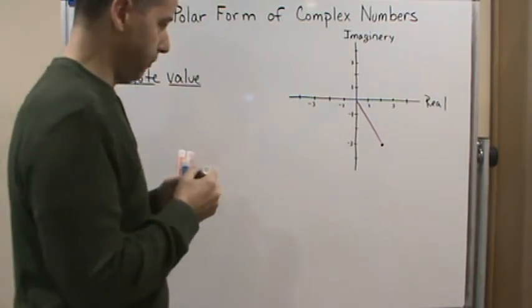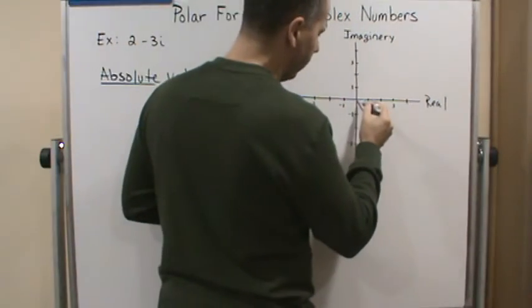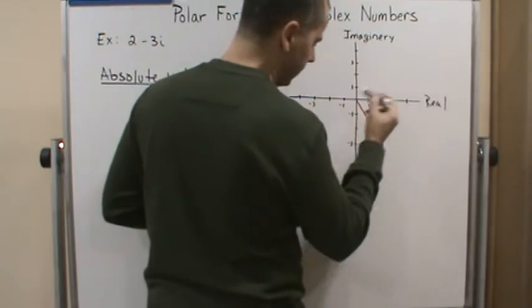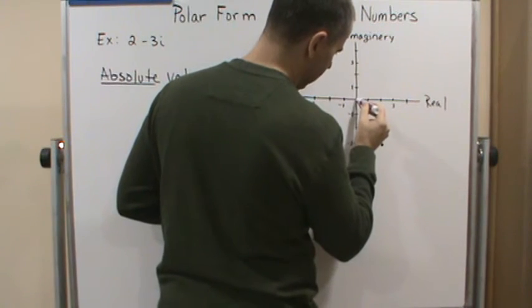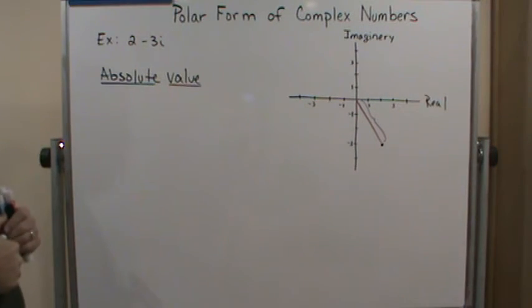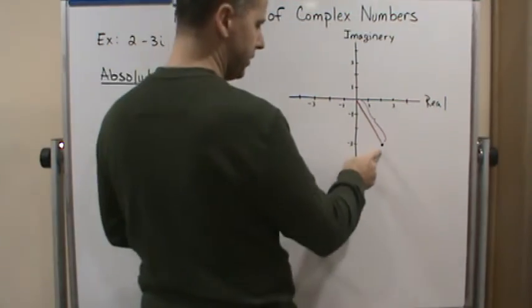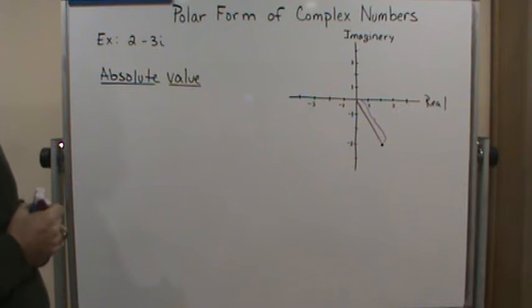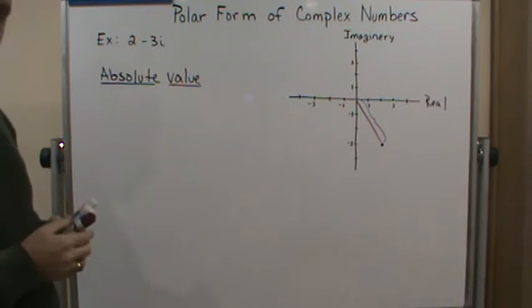So now you might have an idea of where we're going with this, because we talked about this before. Where have we found the distance before, when we're talking about the distance a point is from another point, or the distance from the origin? Well, this is where the distance formula comes in.